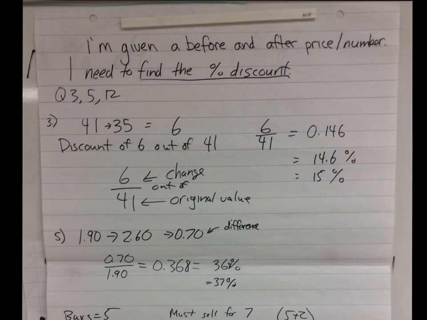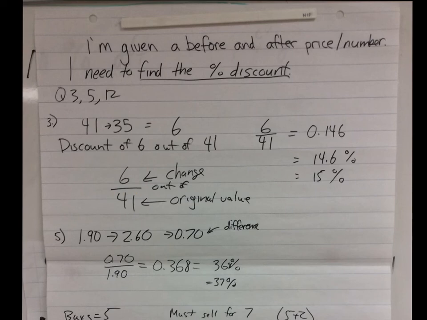So the last type of problem you might see is where you're given a starting amount and another amount, and you're going to be asked how much percentage-wise was the discount, or how much percentage-wise did it grow or shrink. So basically, you just need to be able to get to a fraction where there's the amount that it has changed over the original amount, because it tells you the percentage of the original amount that this changes.